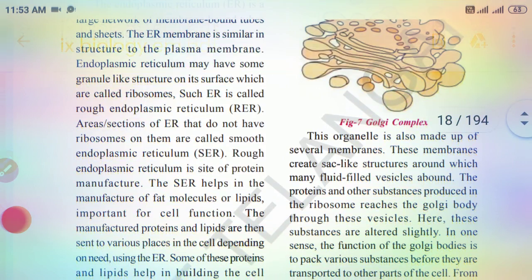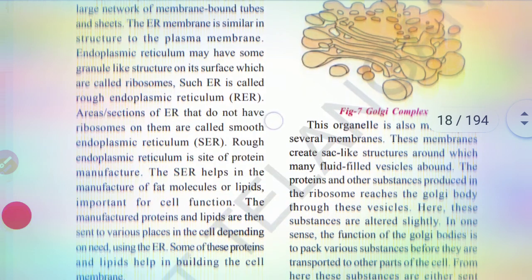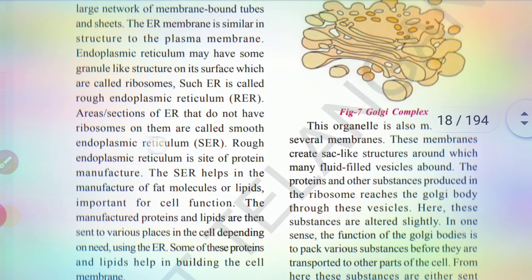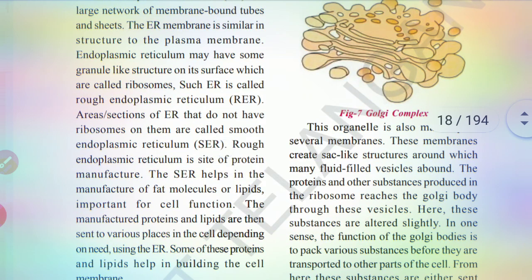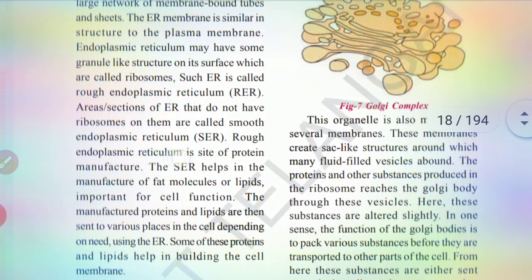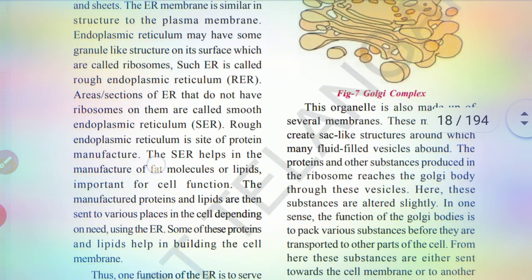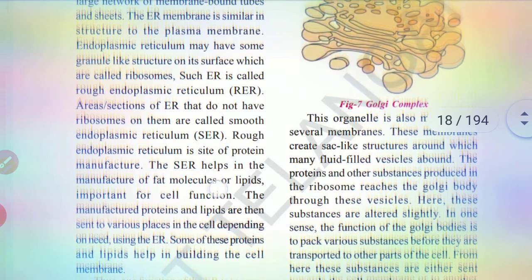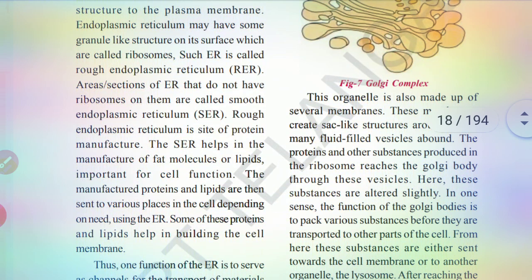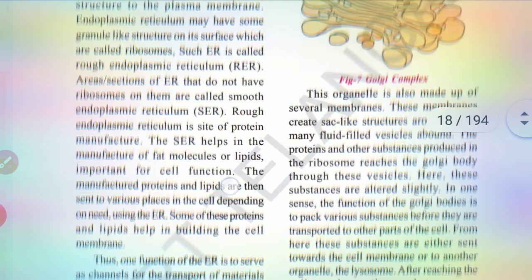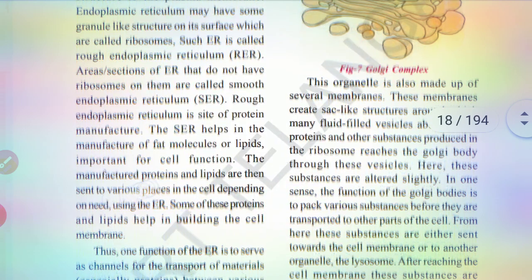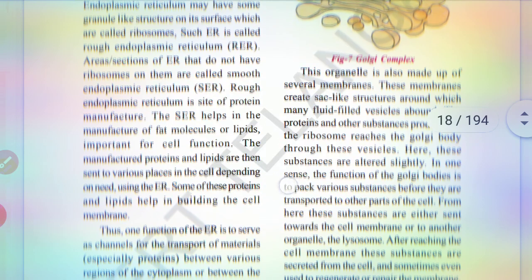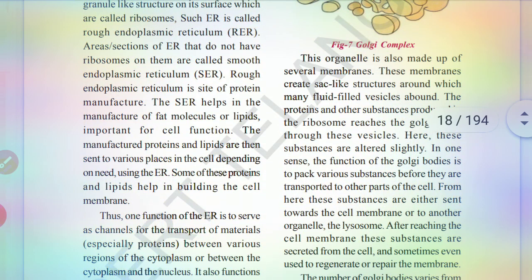Sections of the ER that do not have ribosomes on them are called smooth endoplasmic reticulum (SER). Rough endoplasmic reticulum is the site of protein manufacture. The SER helps in the manufacture of fat molecules or lipids important for cell function. The manufactured proteins and lipids are sent to various places in the cell depending on need using the ER.